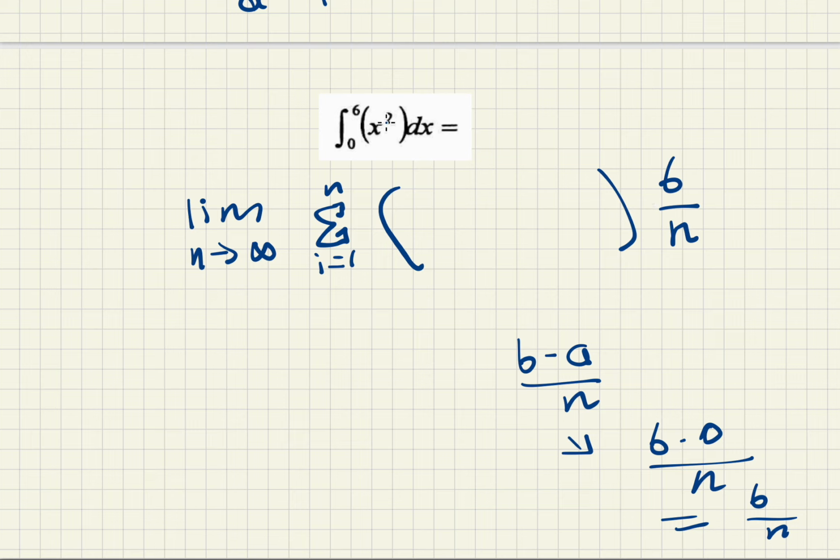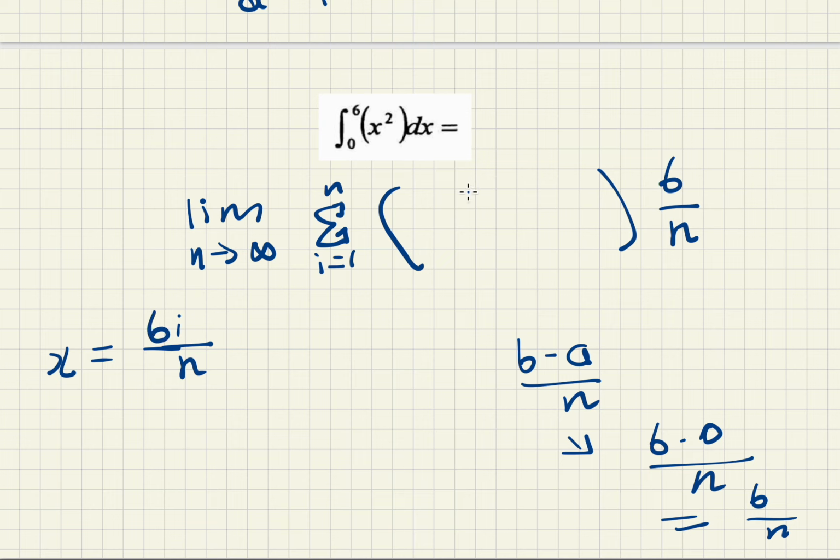Now all we need to do is find the x value. Like I said, the first part of the x value is adding or subtracting the a value. In this case, the a value is 0, so we don't need to add or subtract anything. We just need to find i over n. Now what is the constant that is multiplied by i over n? Like I said, it's just b minus a, or 6 in this case.